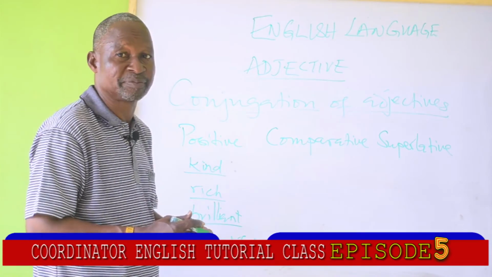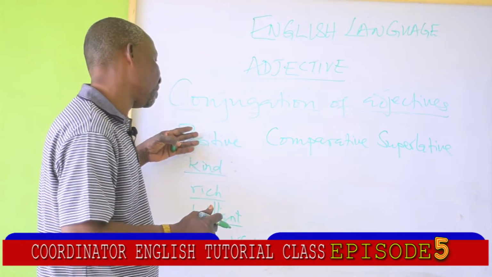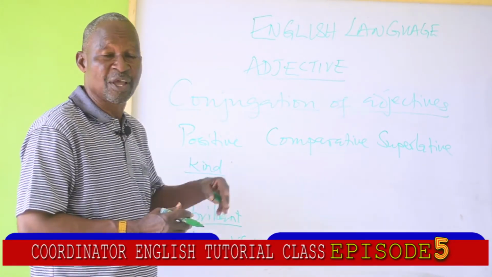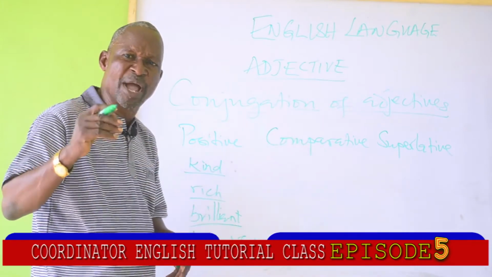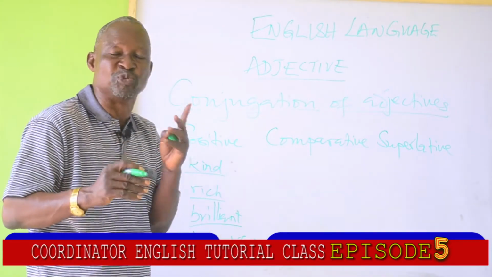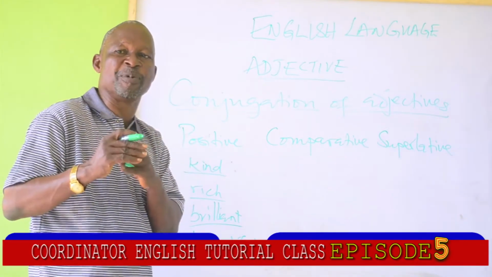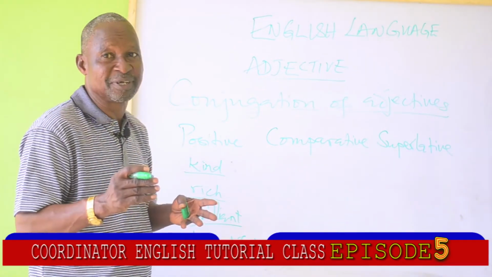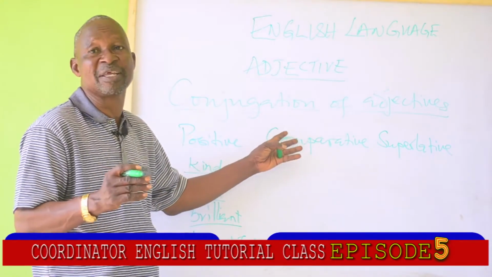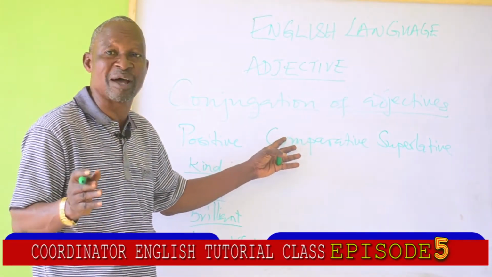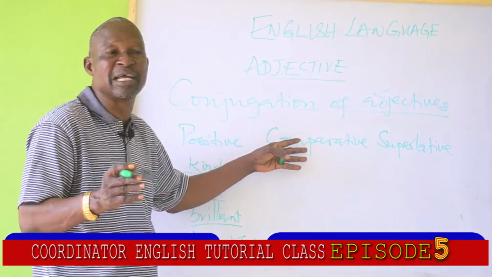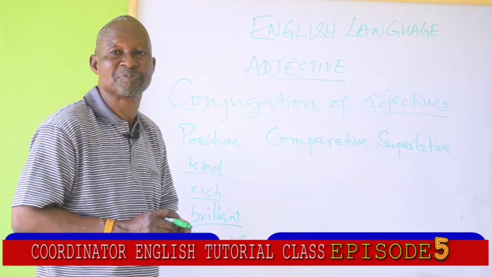Just one here. And that is the positive aspect. Comparative form, when we have two people, just two, not more than two. When we have two people and we want to make a comparison, the comparison is from the word compare, which is a verb, that we get the adjective comparative.